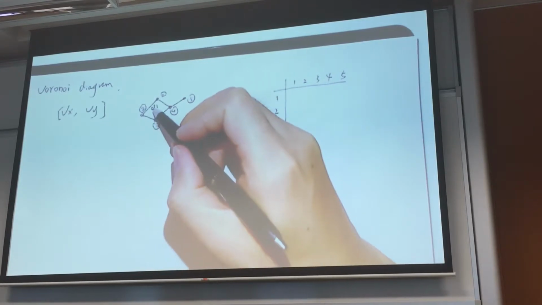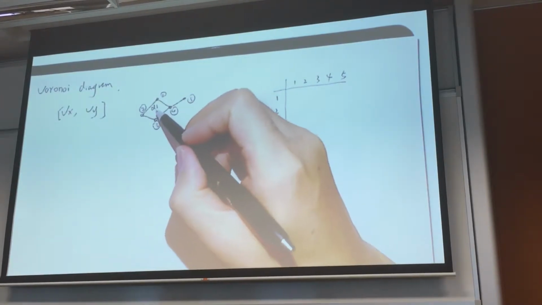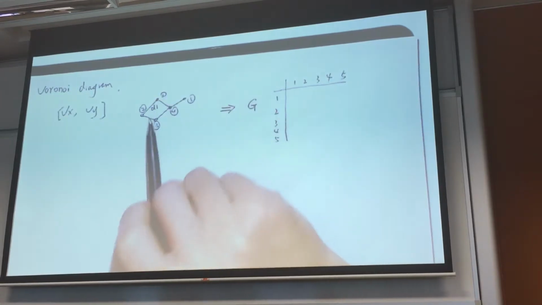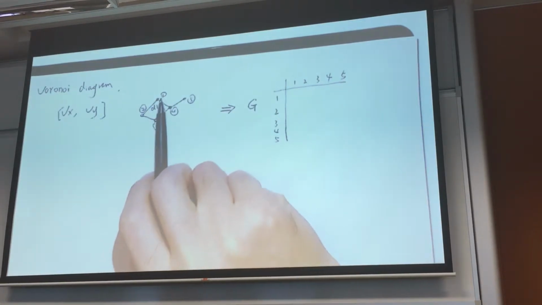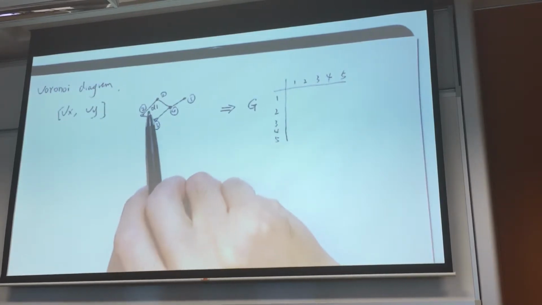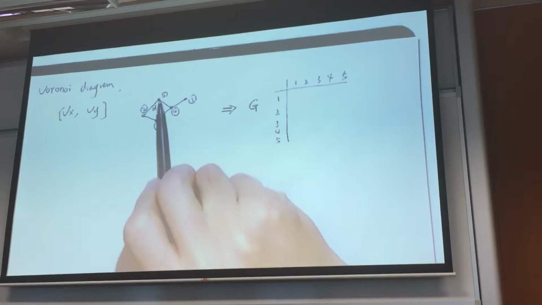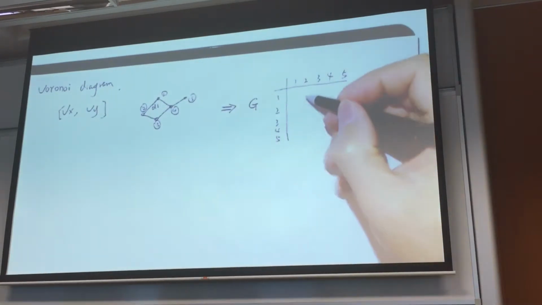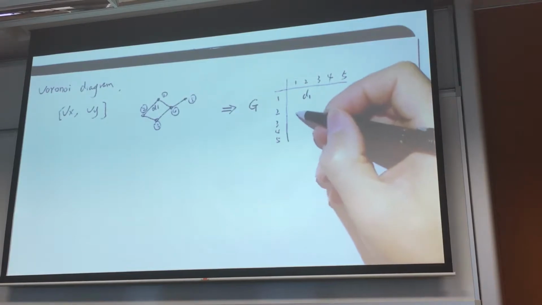If the distance is given by d1, d1 is just the normal distance between these two nodes in the two-dimensional space. You already know how to calculate it, because all the coordinates are known. So from all these coordinates, you can calculate the distance, and you put this distance here.